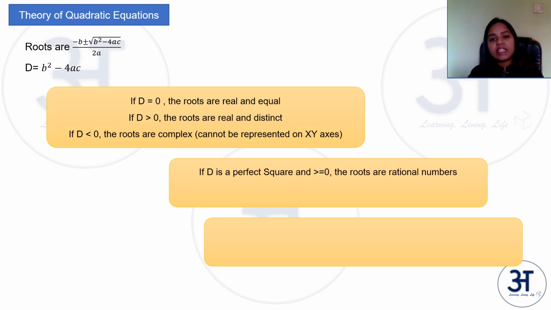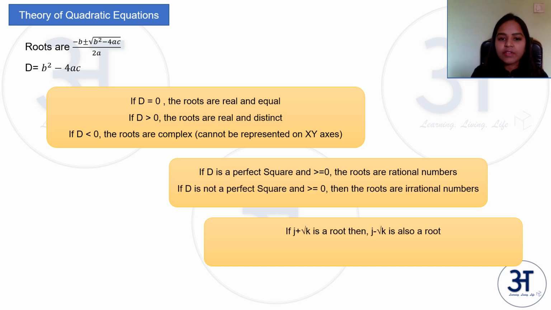Next, if d is a perfect square, what happens? You will get the square root of this perfect square as a proper rational number. So the roots are rational numbers, right? But if d is not a perfect square, the roots will be irrational.